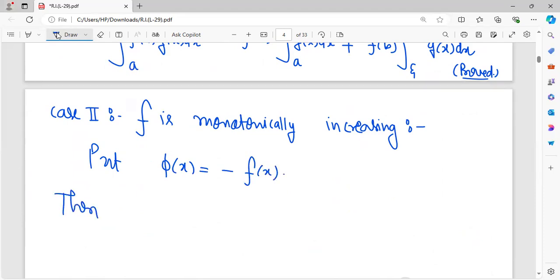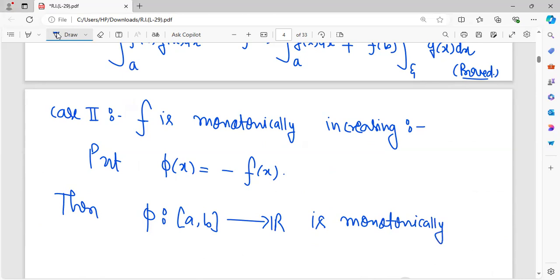Then φ: [a, b] to R is monotonically decreasing.